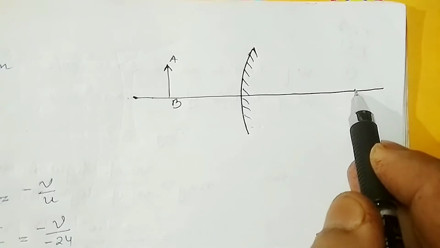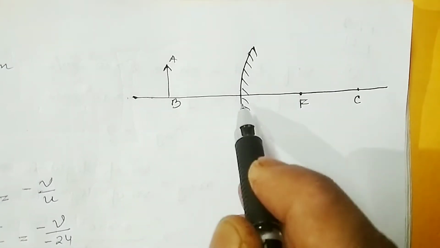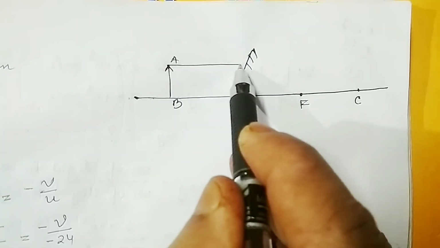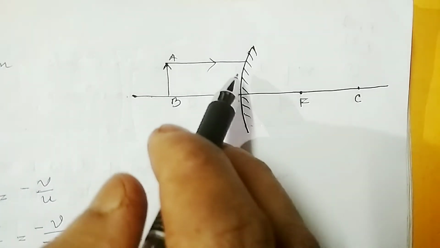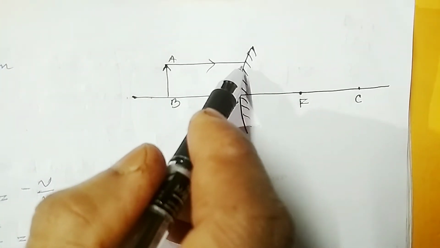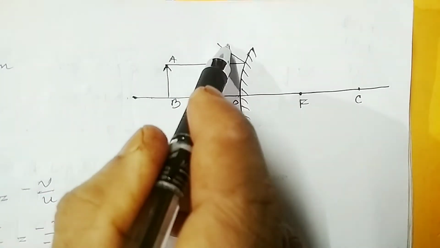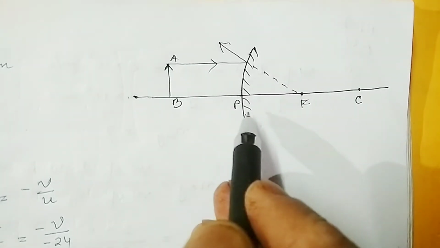Suppose this is the center of curvature and this is the focus. This point is the pole. Any ray which is parallel to the principal axis, after reflection from a convex mirror appears to come from the focus. So this will appear as if it is coming from F.